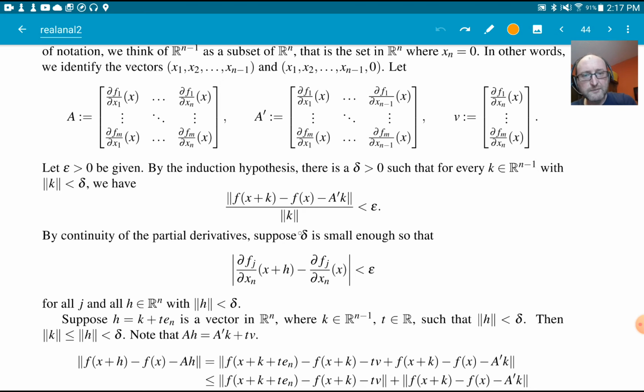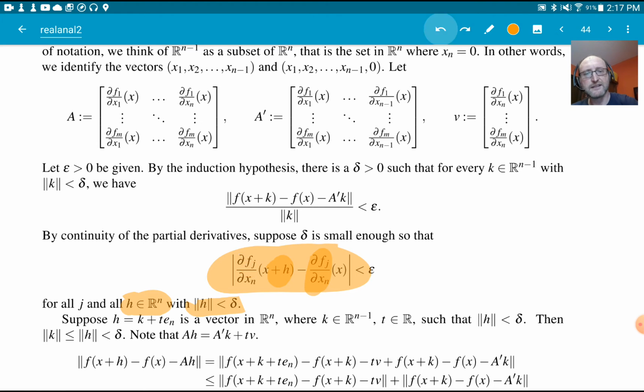So we can make delta small enough such that, by continuity of this at x, if I move within delta, now h is in R^n, so it's moving in any direction, including the nth direction, as long as I don't move further away than delta, I have that the nth derivative is no more than epsilon, and I'm doing it for all j.